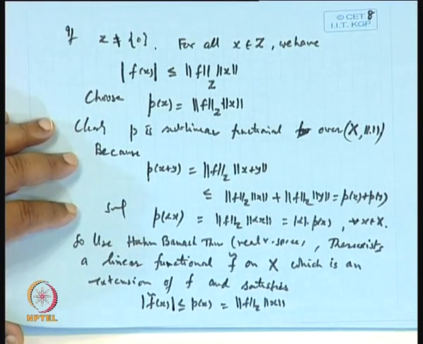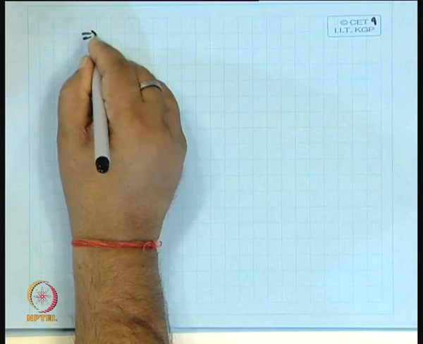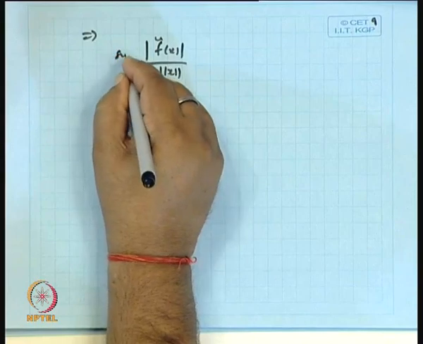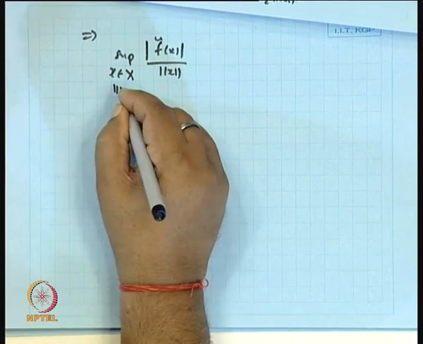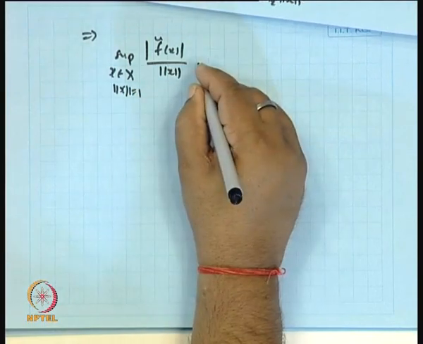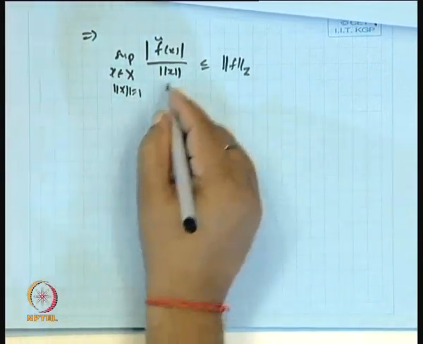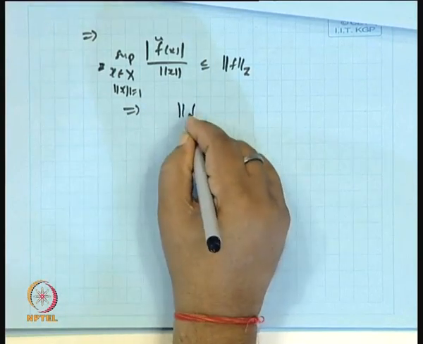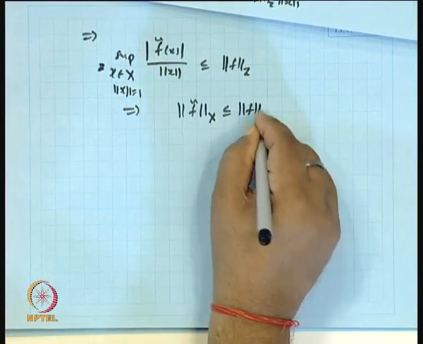Now, dividing by norm x and taking the supremum over all x belonging to X with norm of x equal to 1, we get that this is less than or equal to norm of f Z. But this is nothing but the norm of f delta, so this implies the norm of f delta over X is less than or equal to norm of f Z.